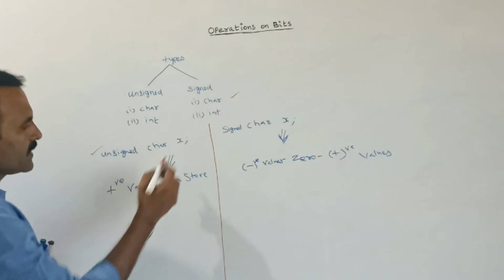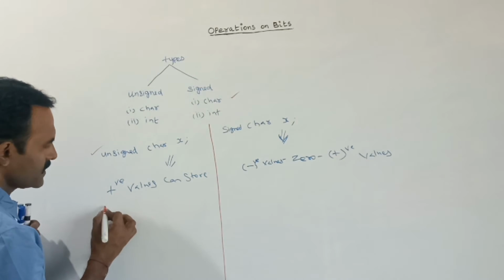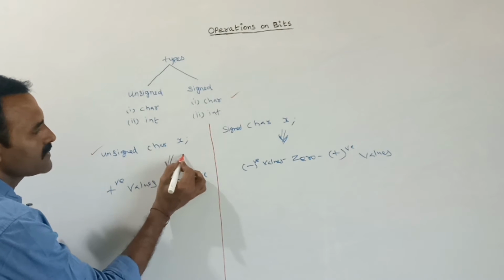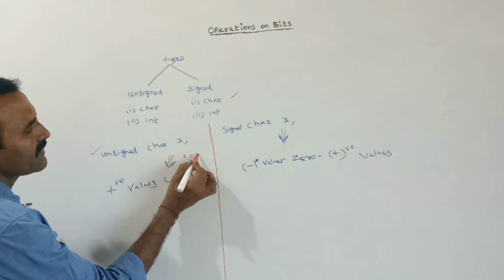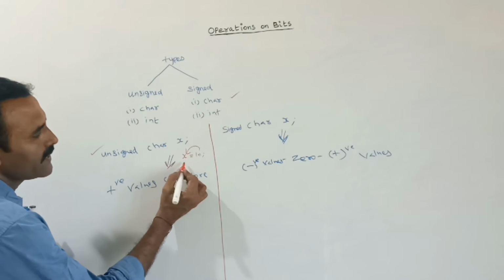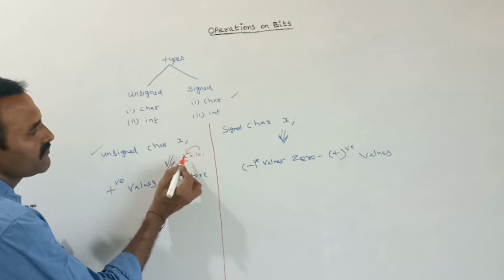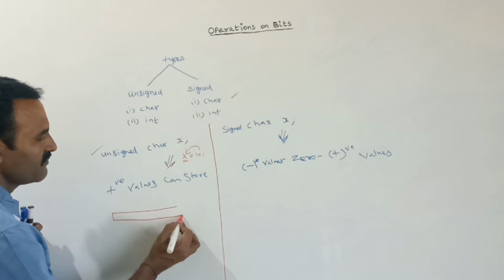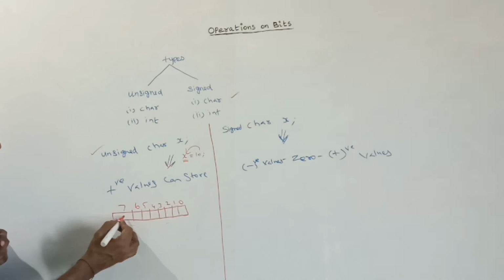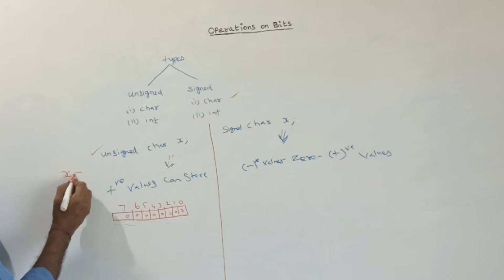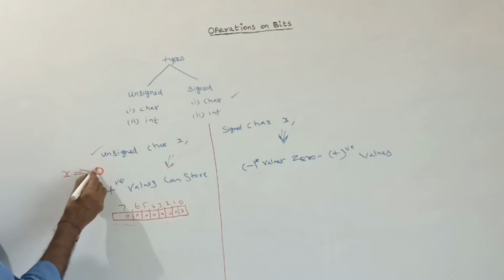For the character data type, let us see how many values can be stored for this x. For example, x is equal to 10. That means we are storing the value 10 to x. There is a limit, because this is 8 bit. Among these 8 bits, what maximum value can we give for x? There is a range. If every bit value is 0, the minimum value is 0.